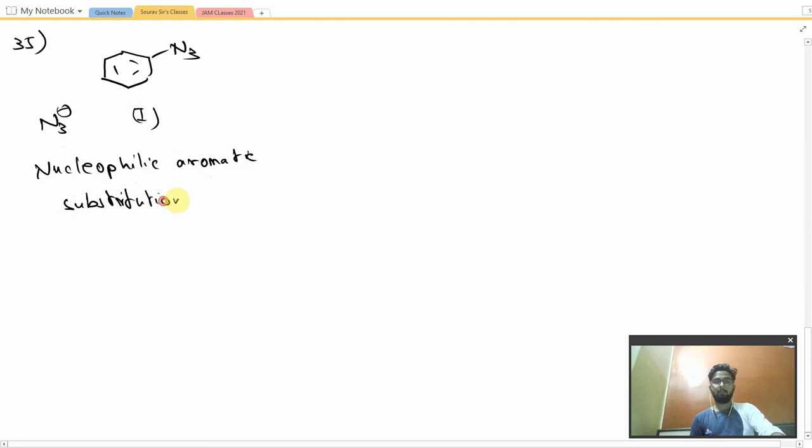For this nucleophilic aromatic substitution to occur, there must be a strong electron withdrawing group, either by minus I or minus R, present in the system, so that the negative charge formed in the transition intermediate would be stabilized by delocalization. This effect is not observed in case number 1. So therefore this compound won't be formed by nucleophilic substitution.